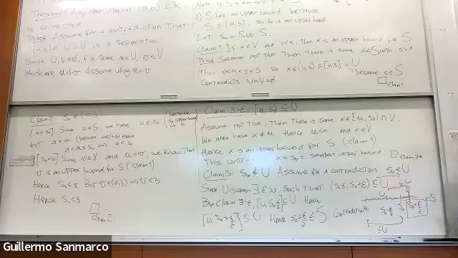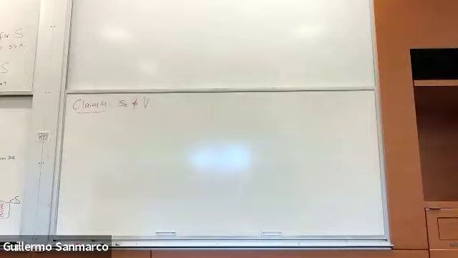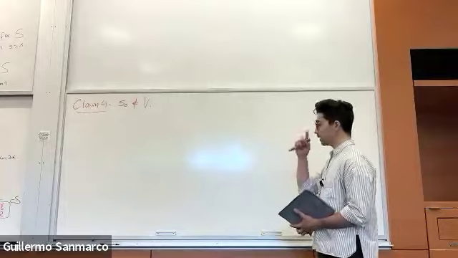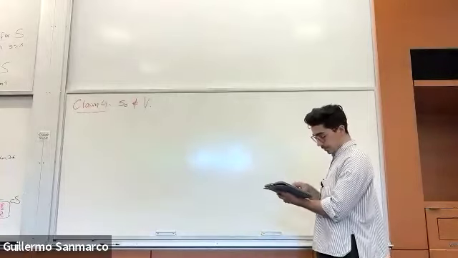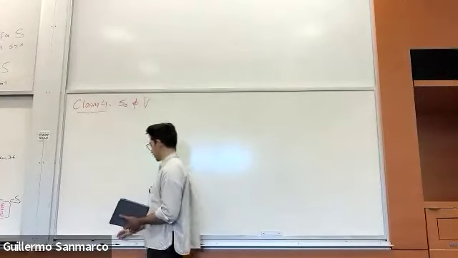So claim 4 will be S naught cannot live in V. And let me move this. Okay, claim 4. S naught does not live in V. So what's the point here? Yeah, this one is even easier. So let's just write through it.